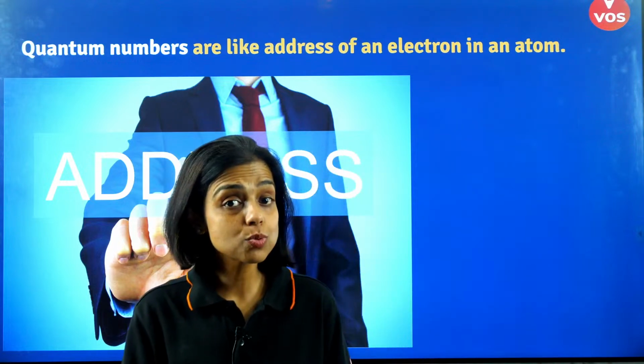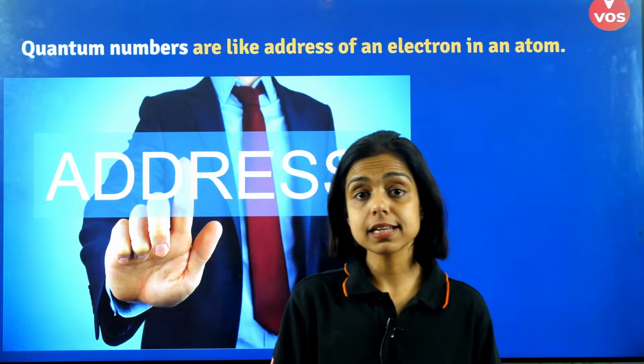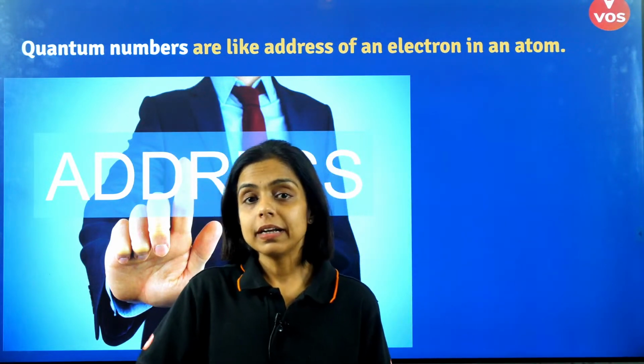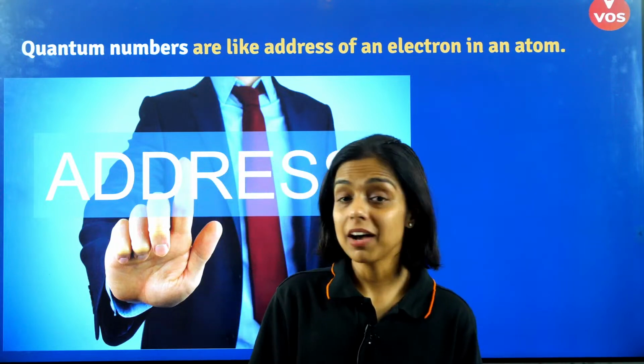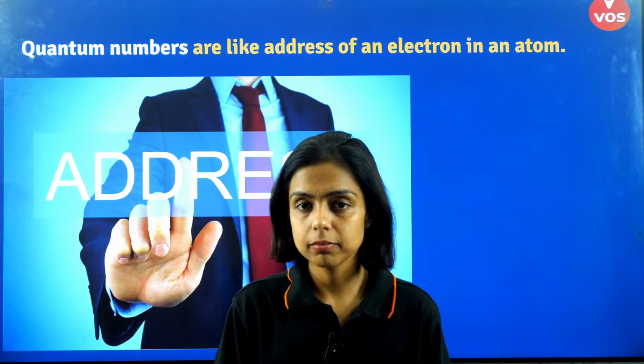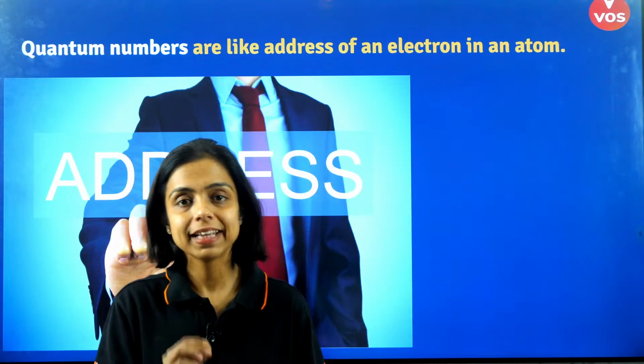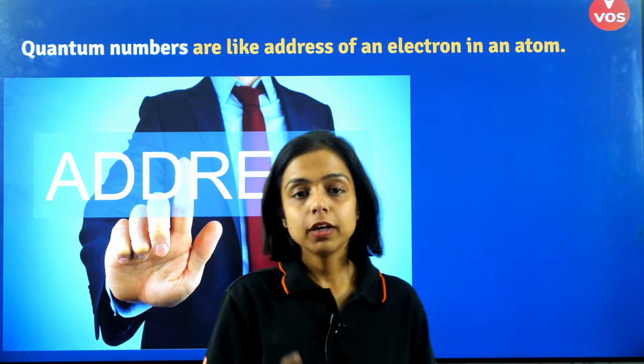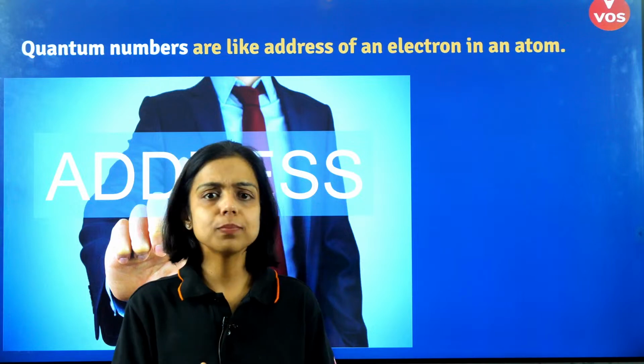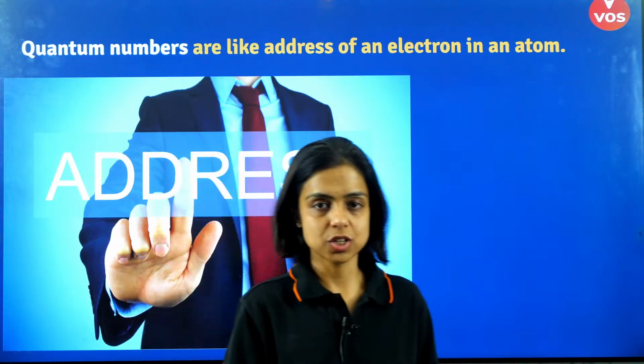And where do these quantum numbers come from? These numbers are decoded or derived from a very complicated mathematical equation, that is Schrodinger's wave equation that I talked about in the last session. I hope you watched that session, and in case you missed it, please do watch it.